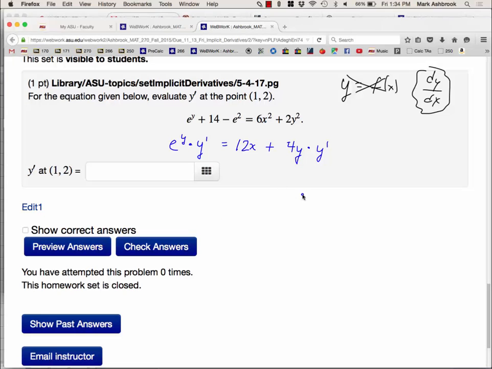All right, so what do we do? Every term that has a y prime goes to the left. Every term that doesn't have a y prime goes to the right. So we'll have e to the y times y prime, minus 4y times y prime, equals 12x. That allows us to factor out y prime, because that's what we're interested in.